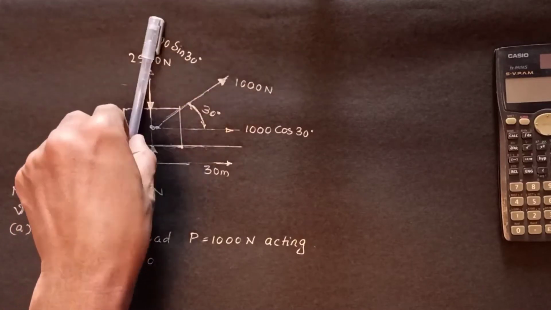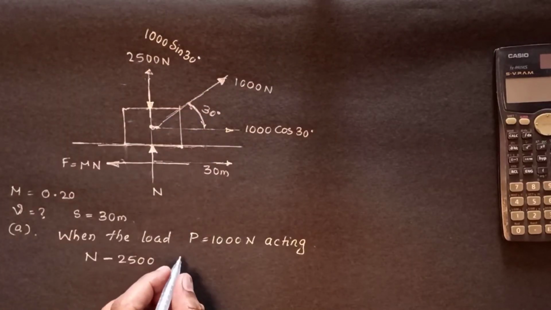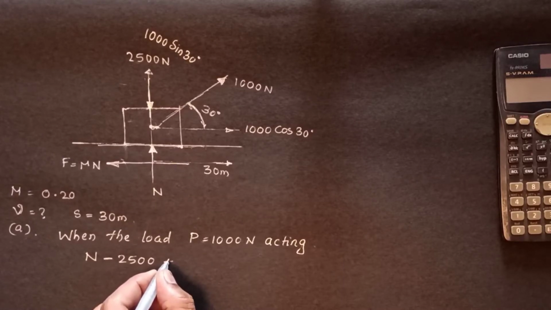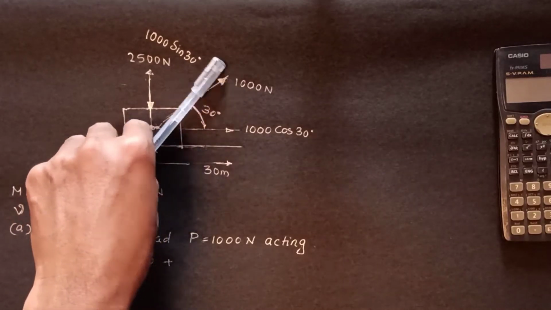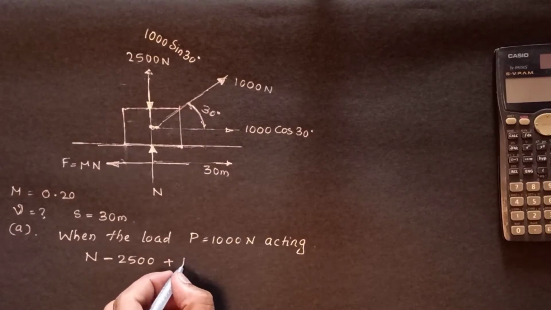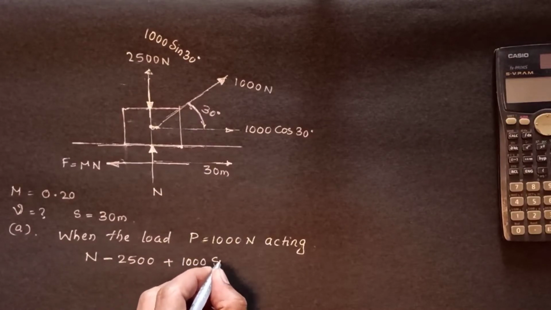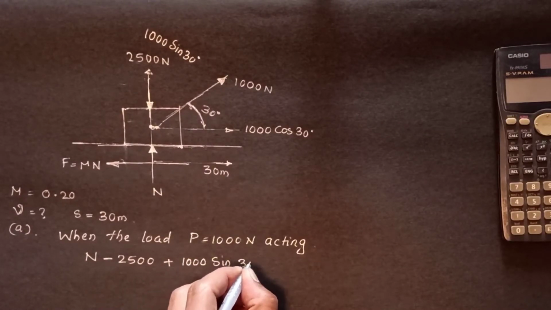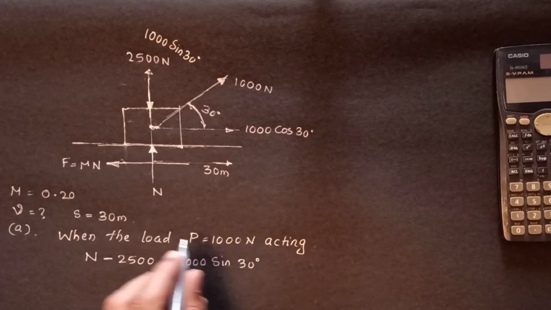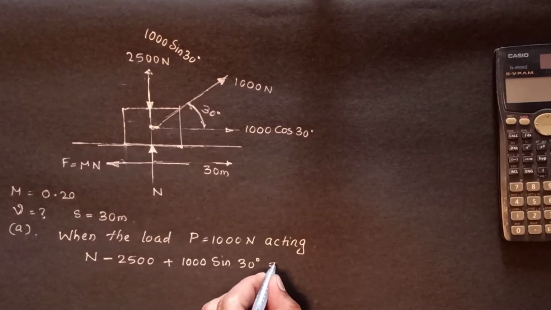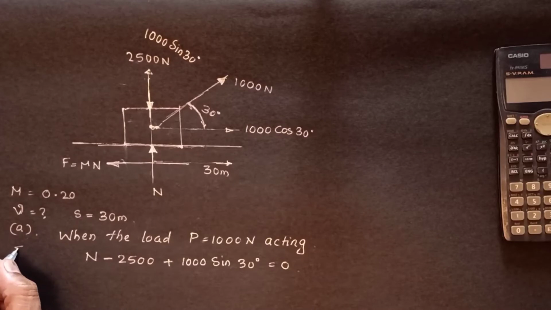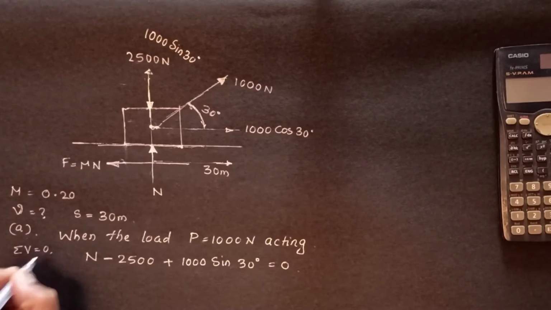Upward is taken as plus, so plus 1000 sine 30 degree. These forces sum to 0, where sigma V is equal to 0.